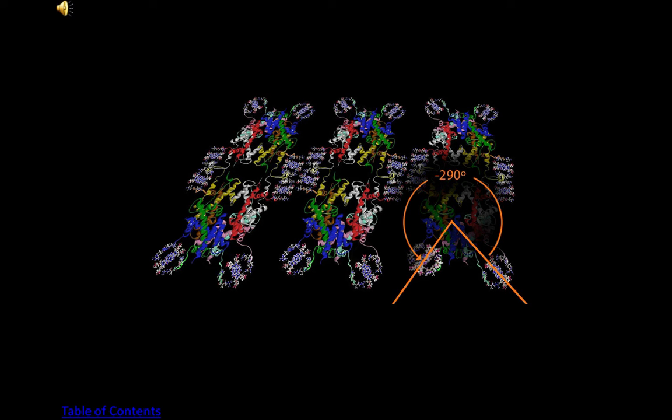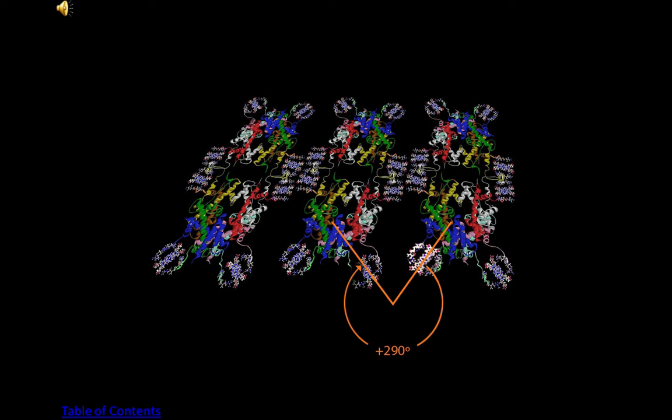Now, by the time we've reached the final position, in this portion of the journey, we've rotated about minus 290 degrees, almost a full twist. We therefore must reverse this rotation. This we propose to do in the process of transitioning to the next portion of the 30-nanometer fiber.